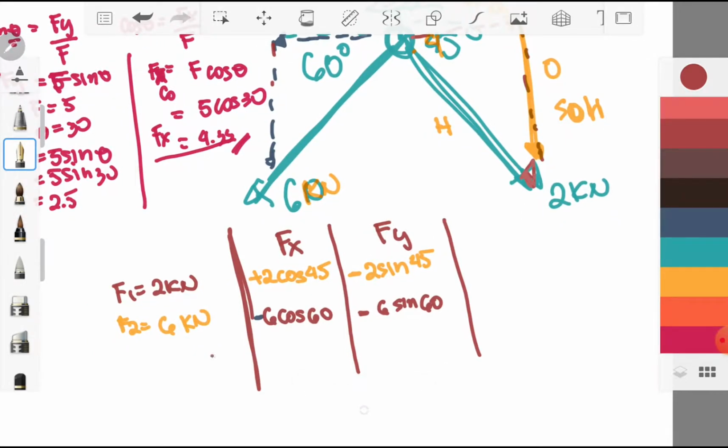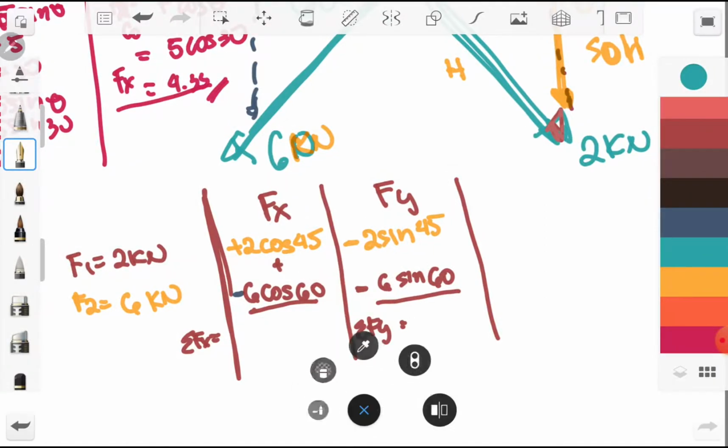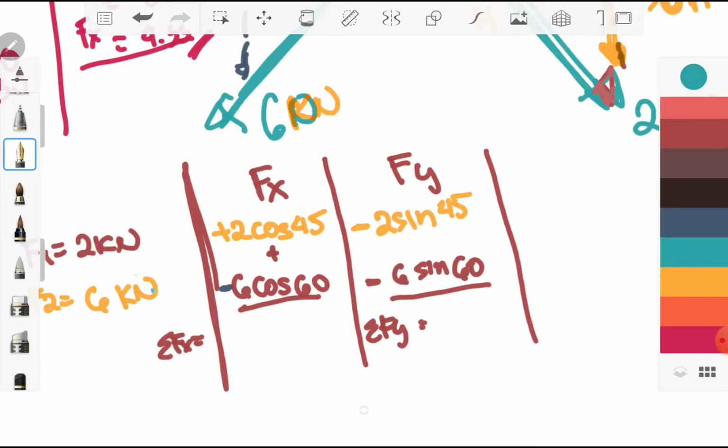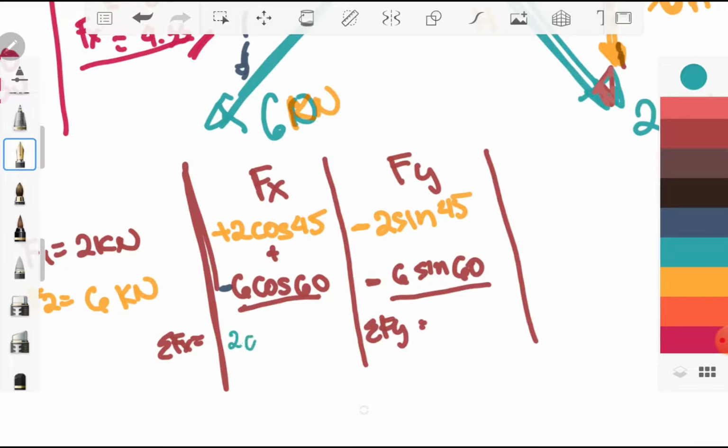So getting the summation of Fx and the summation of Fy, we will add the value of your 2 cosine 45 plus negative 6 cosine 60. So this is equal to 2 cosine 45 minus 6 cosine 60.